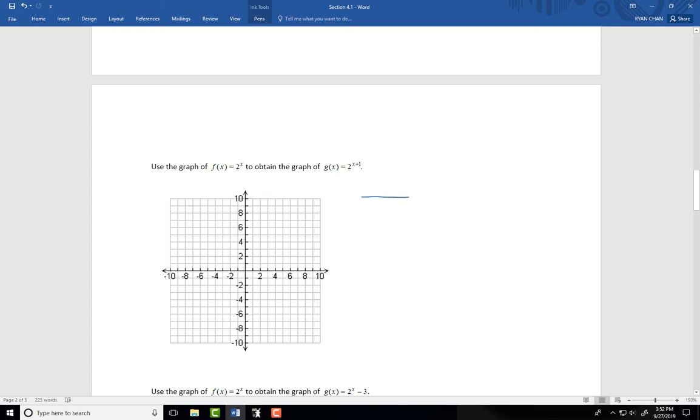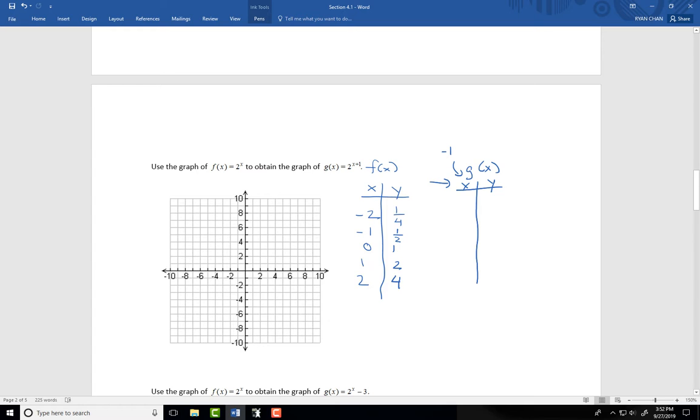But the idea is, remember, if I do 2 to the x and look at f of x, for -2, -1, 0, 1, 2, I would get 1/4, 1/2, 1, 2, 4. Now, if I go from f of x to g of x, I should realize this is a horizontal shift to the left. So I'm actually subtracting 1.